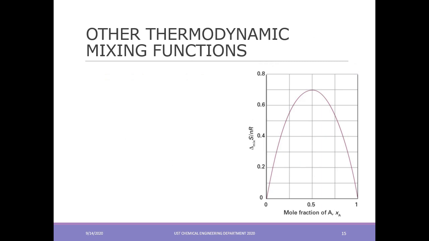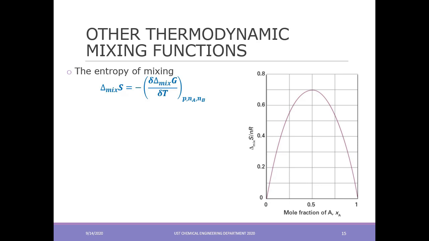Using the relationships of the thermodynamic properties, we can also determine the entropy and enthalpy of mixing. For the entropy of mixing, we know that the partial derivative of G with respect to temperature at constant pressure is equal to negative entropy. Therefore, the entropy of mixing is equal to the negative partial derivative of the Gibbs energy of mixing with respect to temperature at constant pressure and composition.